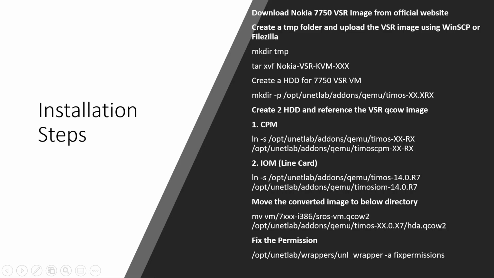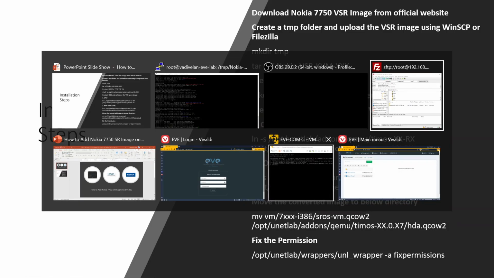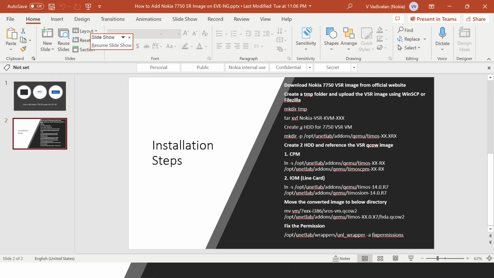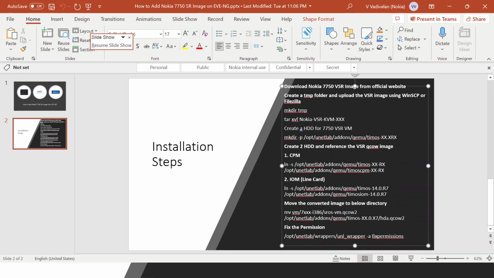First, we'll create the two hard disk file names, then we'll copy the image over there. Let me use the command mkdir -p. The -p means it will not give you any error if you're not mentioning the parent directory.